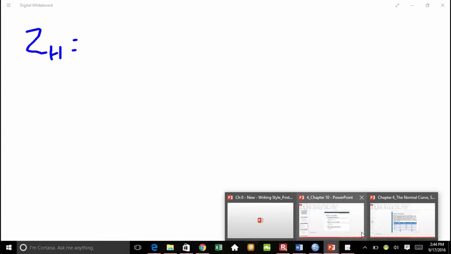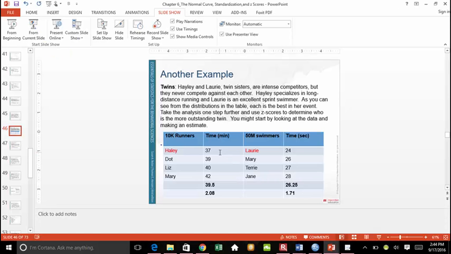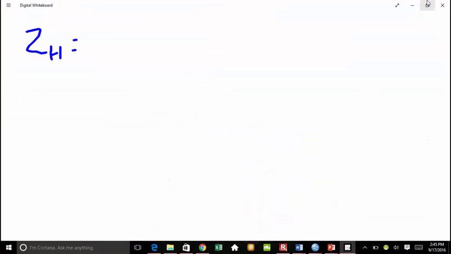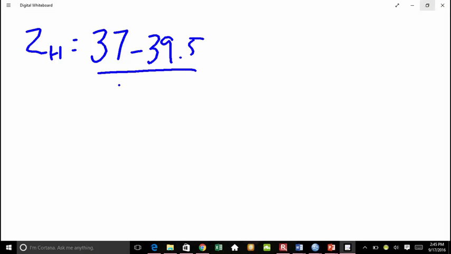So we've got a z-score for Haley. I actually need to go and see how she did, because I don't remember. So 37, the mean is 39.5. She got a 37 minus the mean of 39.5 over the standard deviation of 2.08.